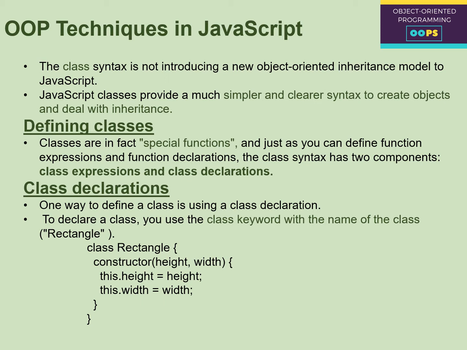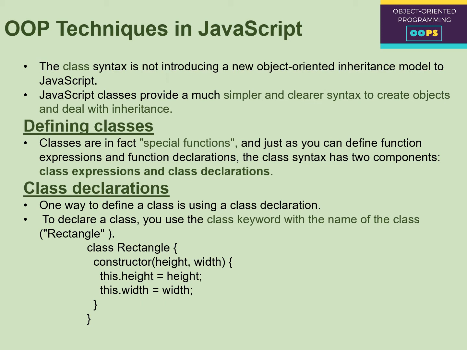Let us see what is a class declaration. One way to define a class is using a class declaration. To declare a class, you use the class keyword followed by the name of the class.